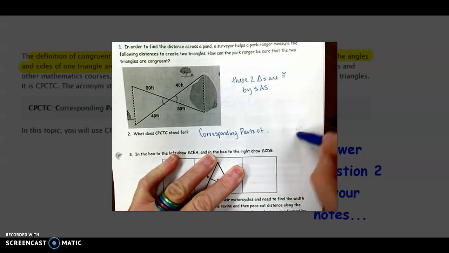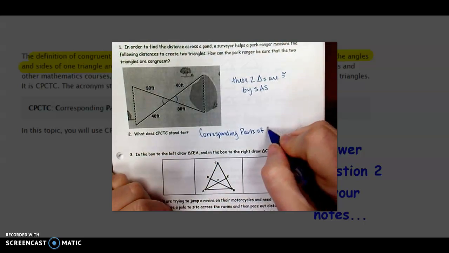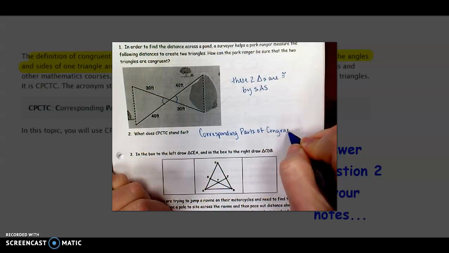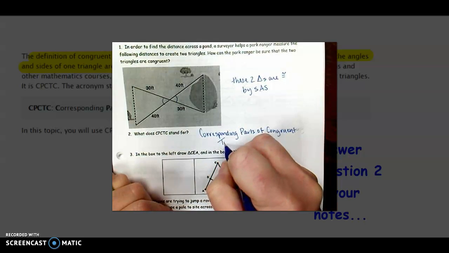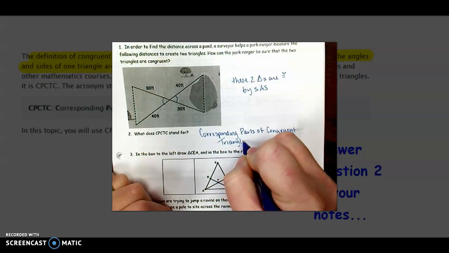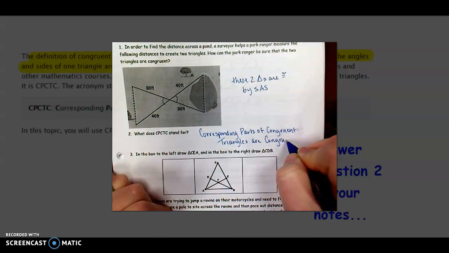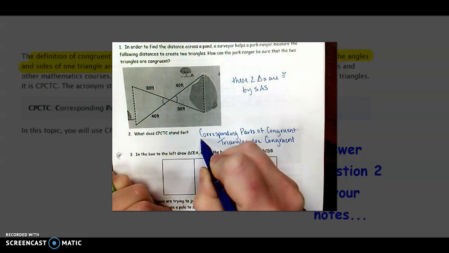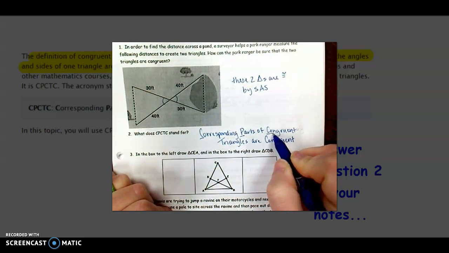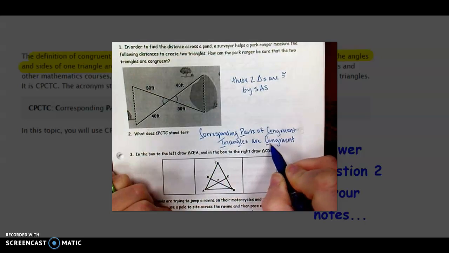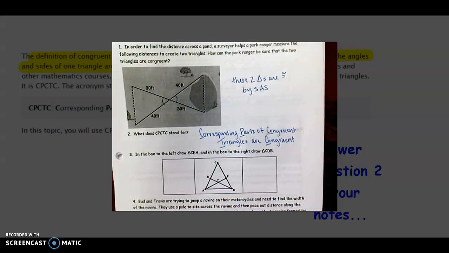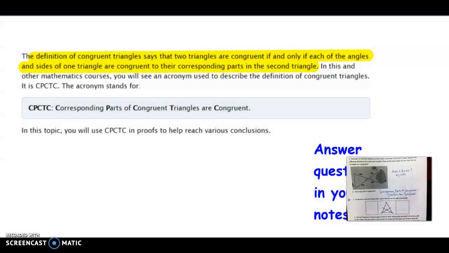So corresponding parts of congruent, that's your second C. Triangles, that's the T, are congruent. That's the last C. Corresponding parts of congruent triangles are congruent. CPCTC. We will use this a lot in topic 10 and later in the course as well.